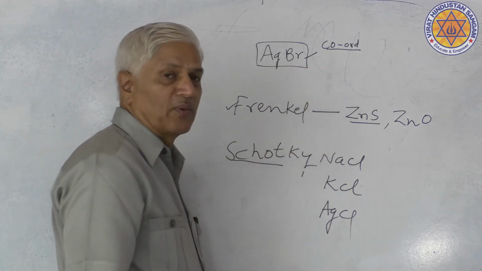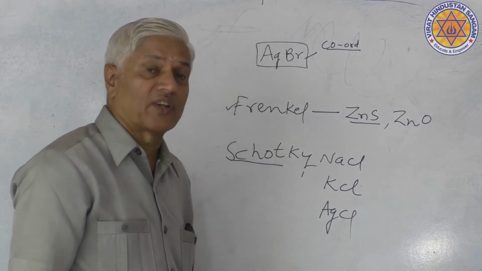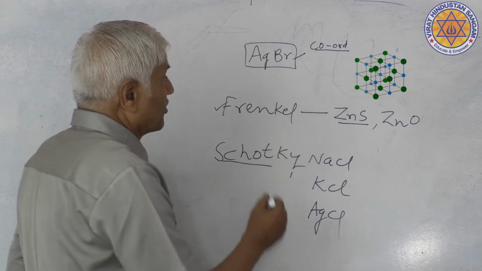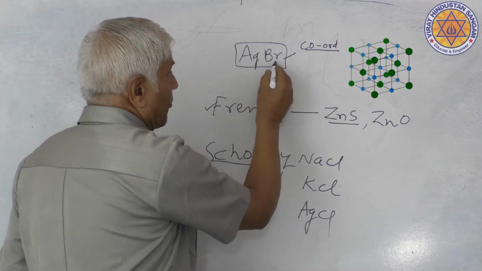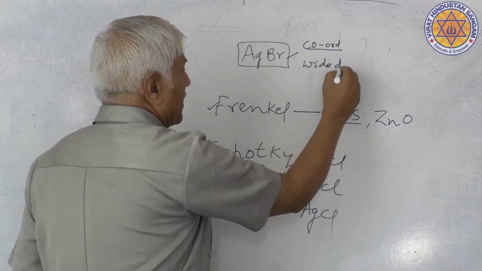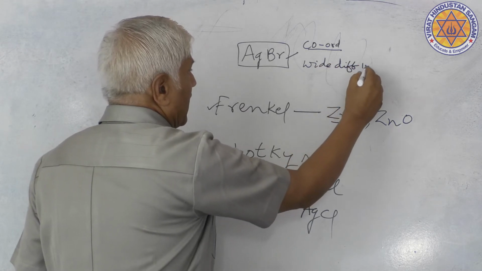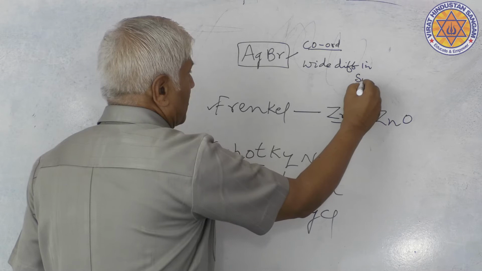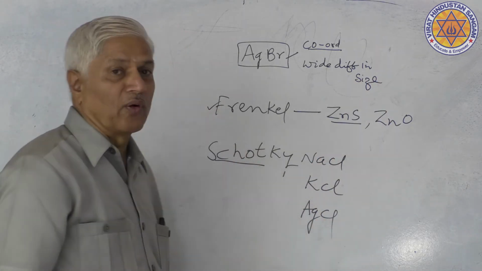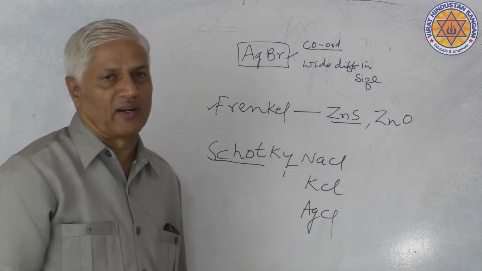Ag+ has a pseudo-inert gas structure, d10 structure in the last shell. Therefore, its size is too small compared to Br-. There is a wide difference in the size of cation and anion. Cation is too small compared to Br-. Therefore, it has satisfied one of the conditions of Frenkel defect.